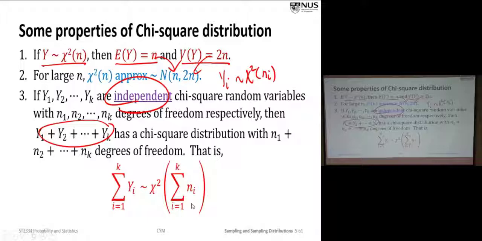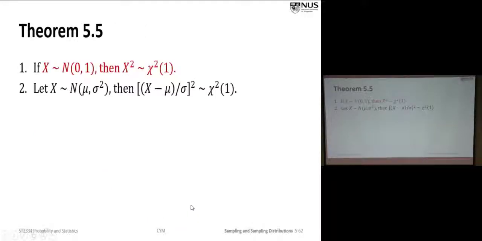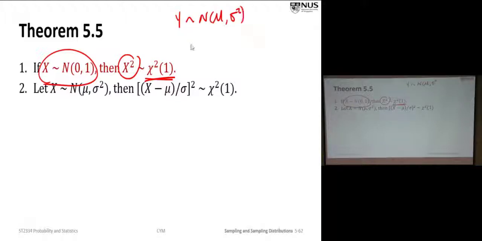So there's another very interesting property that links two distributions. If X is standard normal, then X squared is a chi-square with degrees of freedom 1. So if Y is normal with mean mu and variance sigma squared, then (Y minus mu) over sigma is standard normal, and if I square it, this will follow a chi-square with degrees of freedom 1.